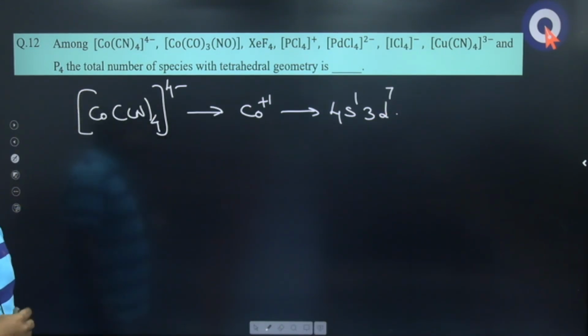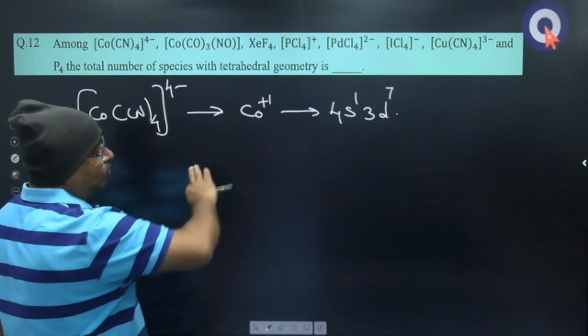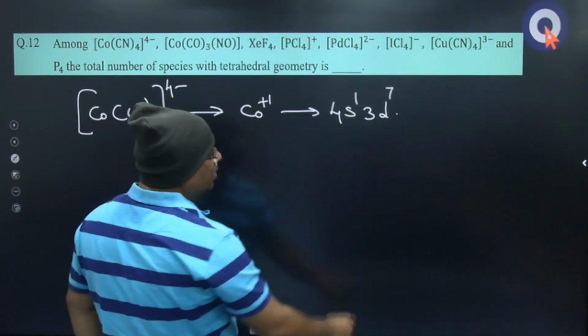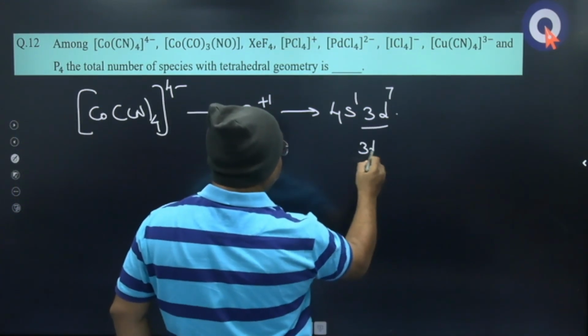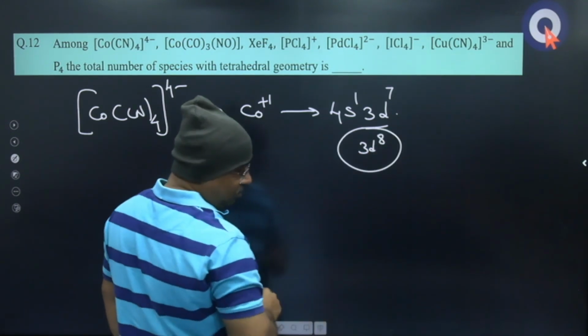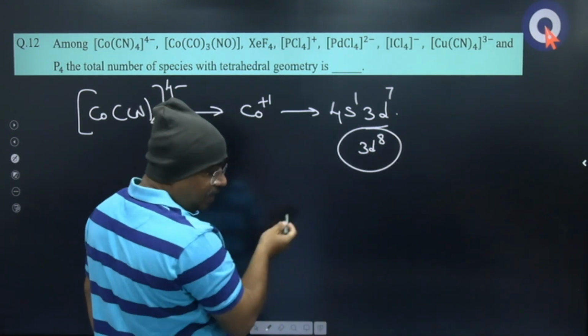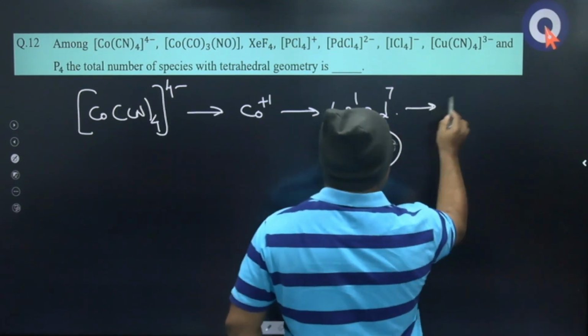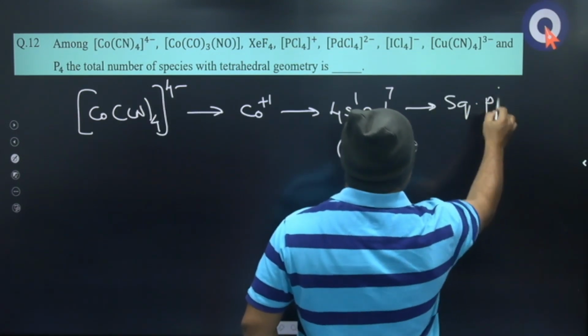Since cyanide is a strong ligand, the 4s electron also enters into d. This will become 3d8 configuration. So with the 3d8 configuration with cyanide, a strong ligand, it will have square planar geometry.